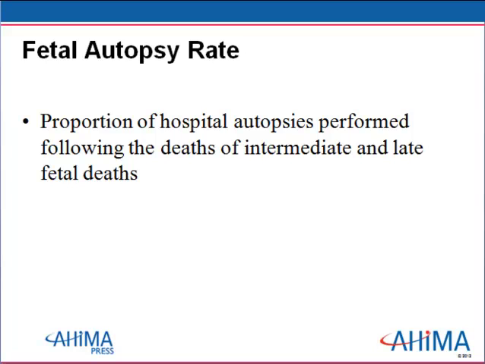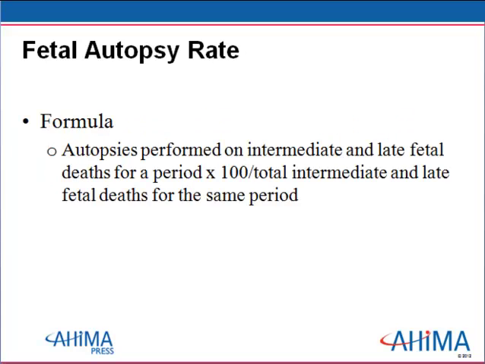The fetal autopsy rate is the proportion of hospital autopsies that are performed following the deaths of intermediate and late fetal deaths. The formula for fetal autopsy rate is autopsies that are performed on intermediate and late fetal deaths for a period times 100, divided by the total of the intermediate and late fetal deaths for that same period of time.